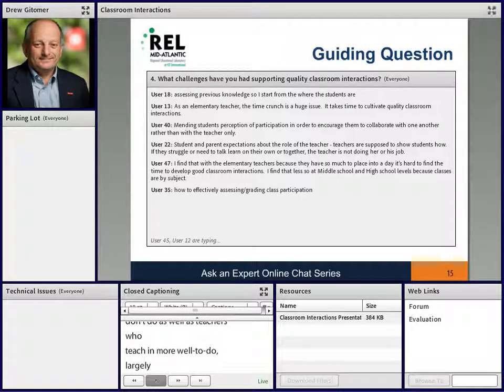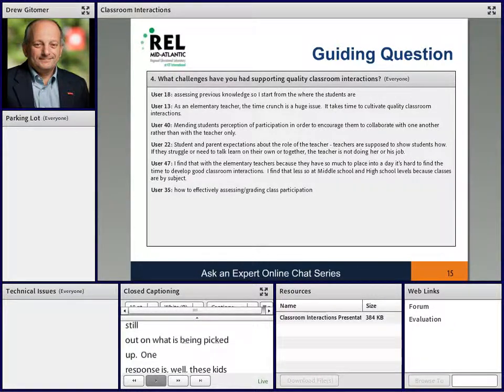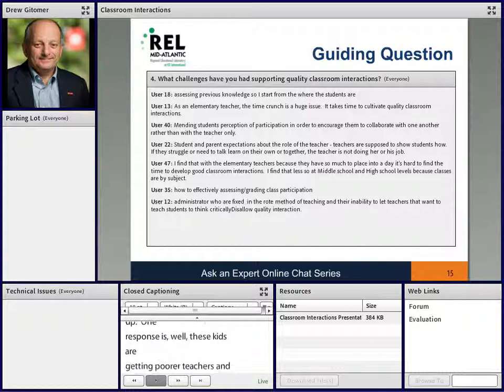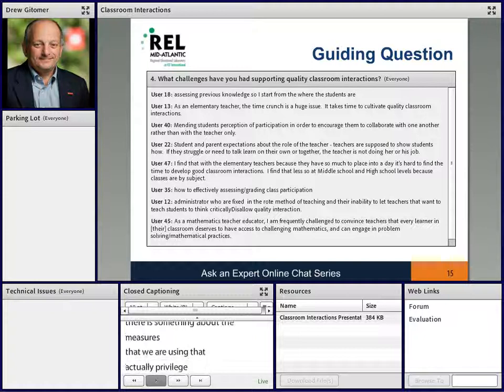And that raises this fundamental question about the whole evaluation systems that I think the jury is still out on: what's being picked up. One response is, well, these kids are getting poorer teachers and the system's picking that up. The other is that there's something about the measures that we're using that actually privilege teachers in classrooms with higher achieving students, with students who come into the classroom with better resources on different dimensions.